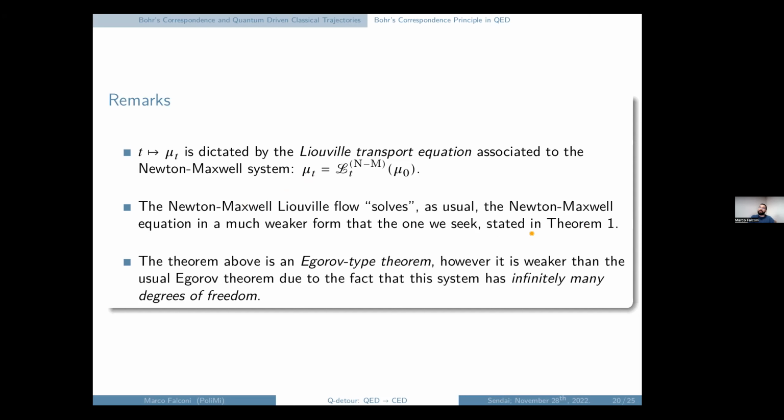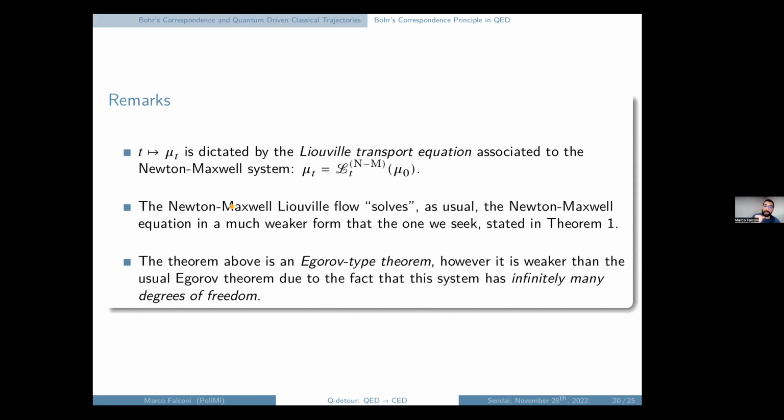But in Theorem 1, we have global well-posedness, so essentially solution of the integral equation. While here we have a very weak solution, a solution of the transport of probability measures. So you have to test with very smooth and nice test functions. It is a very weak solution in some sense.